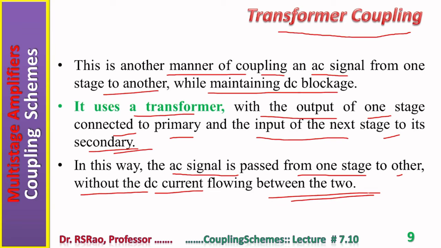A transformer occupies more space than a capacitor. So it is voluminous. It is costly also, expensive. Of course, transformer coupling gives a facility for maximum signal power transfer from the previous stage to the next stage. It's a great advantage.